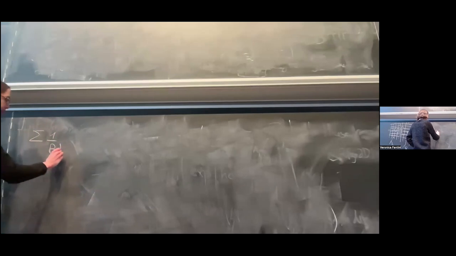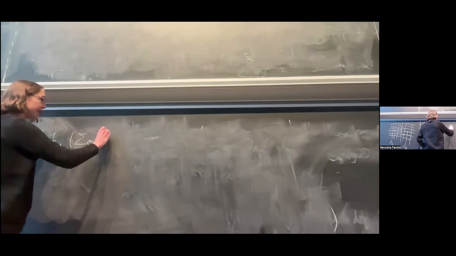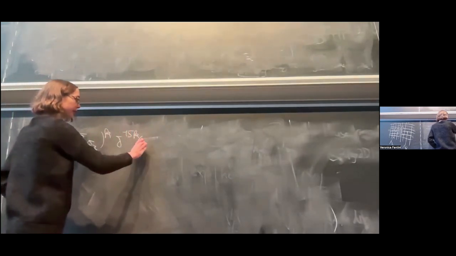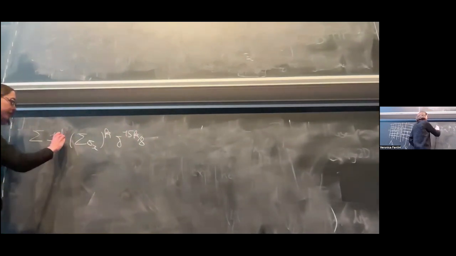Remember when I say I have those two conditional expectations on the left and on the right, and I'm expanding the exponential. When I expand the exponential, I get k factorial, and then I get this sigma x to the power k, and then I get the delta to the 15/8 to the power k. And I have an expectation, sorry, I switch the expectation here.